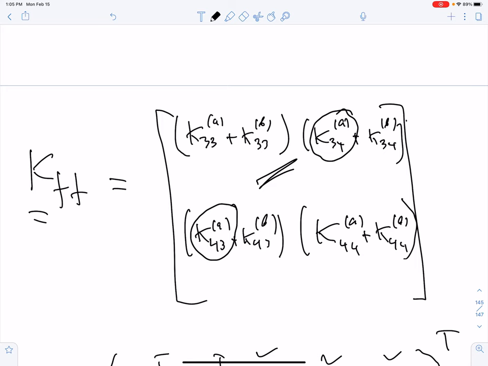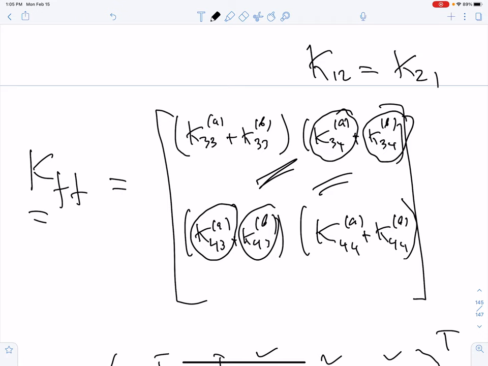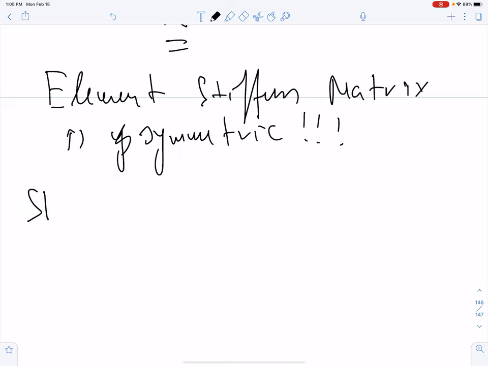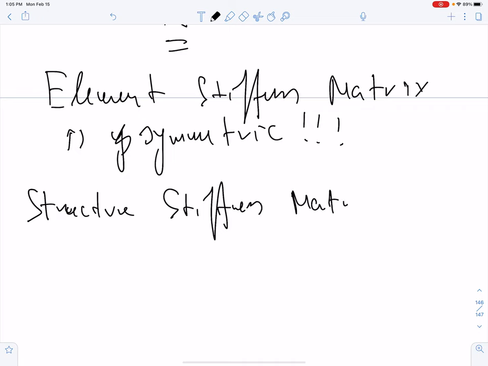Likewise, K34B and K43B also equal each other. Which means that K12 in this case equals K21. So the structure stiffness matrix is also symmetric.